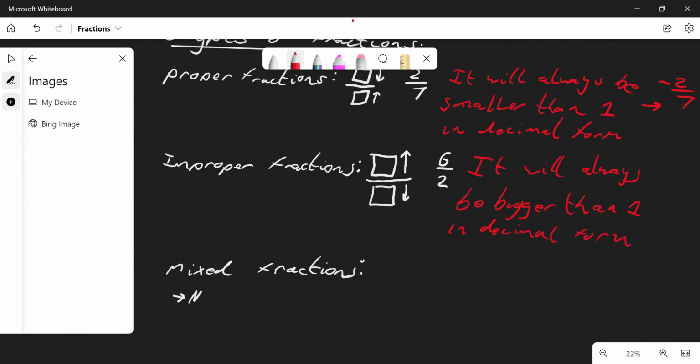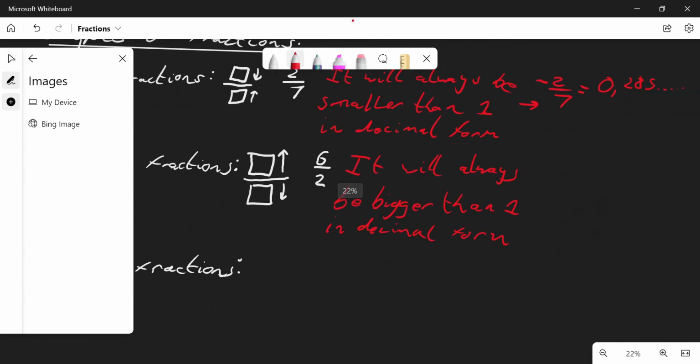All right, what does this mean? If we've got 6/2, let's use our example there. We know that 6 divided by 2 is 3, and 3 is definitely bigger than 1. If I said -6/2, that would be -3, and this would just be 3 on the negative side of the number line.